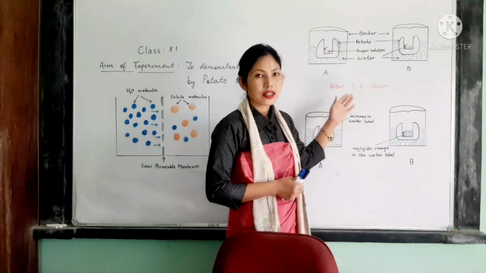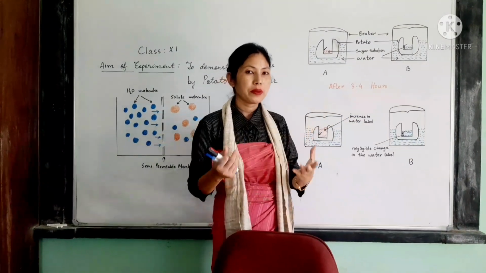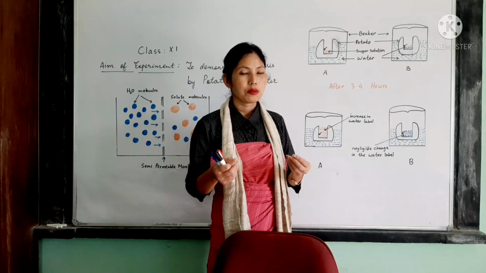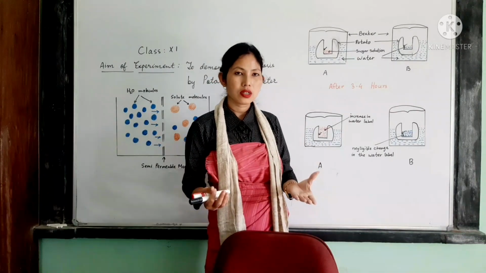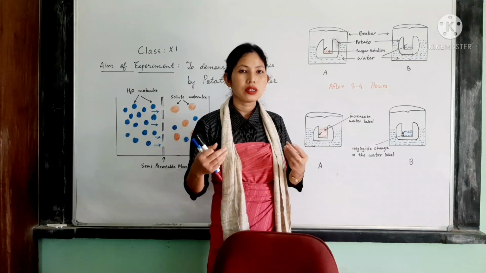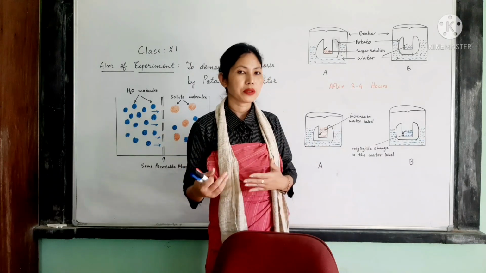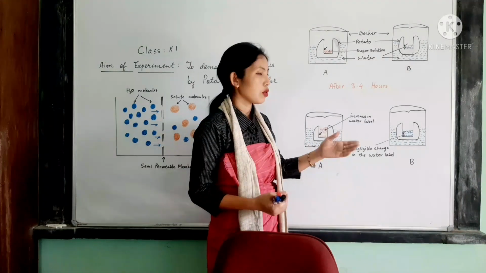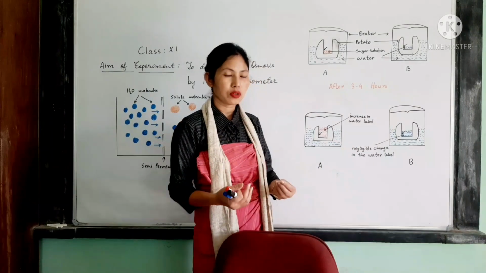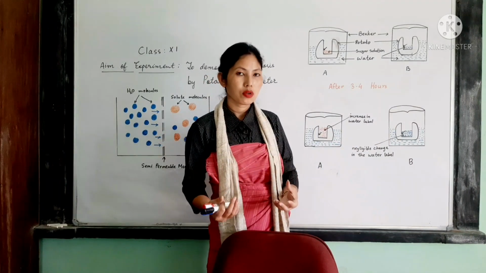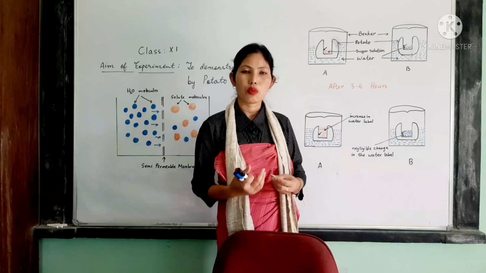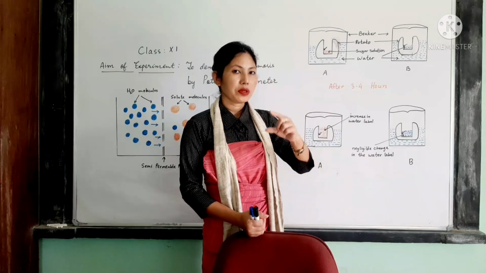Then in the second step, we will prepare a solution, possibly a sugar solution, using sugar and water at 20% concentration, making it a hypertonic solution where there will be more solute and less water.